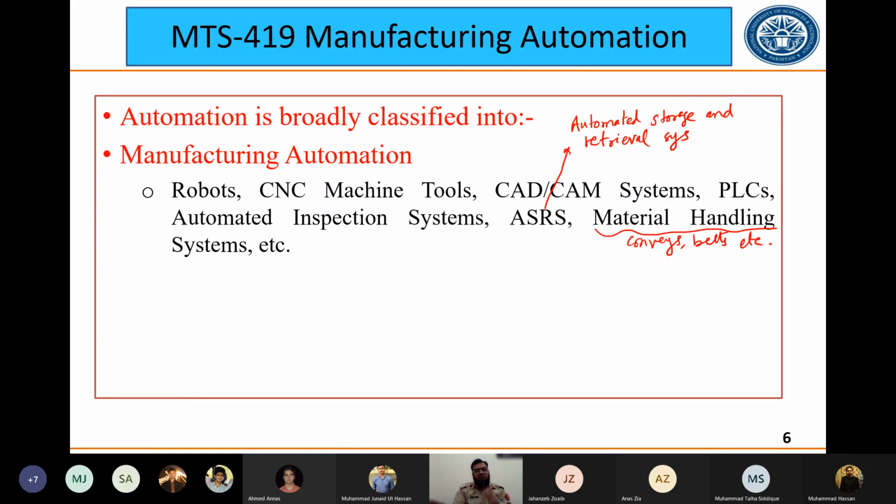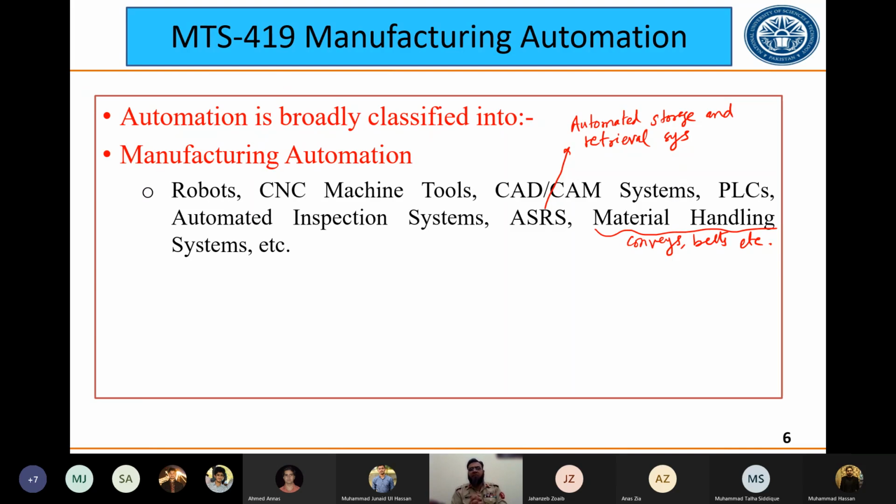What we want to make clear here is that whenever you hear the word manufacturing automation, immediately these things should come into your mind: you have a facility, a factory, a production unit in which there is a certain storage system which is automated. Then from the store, the raw materials travel through a material handling system, which can be conveyors or anything.